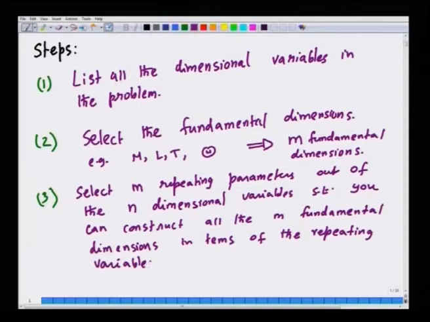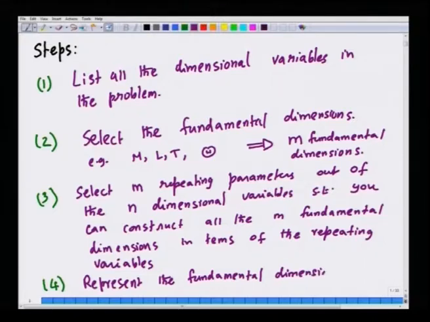The fourth step is now to represent the fundamental dimensions in terms of repeating variables.